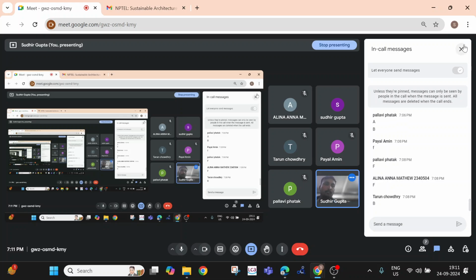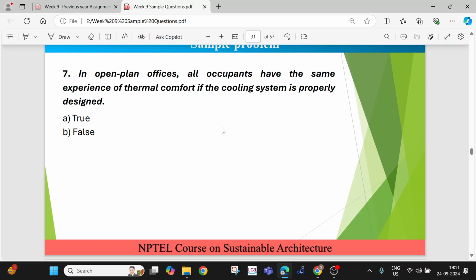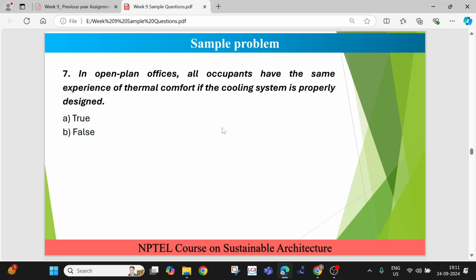Okay, so this is very clear to all of you, and this was not a tricky question also. So all of you have answered it false, and you have answered it correctly.